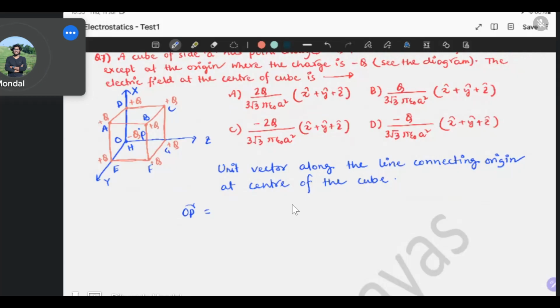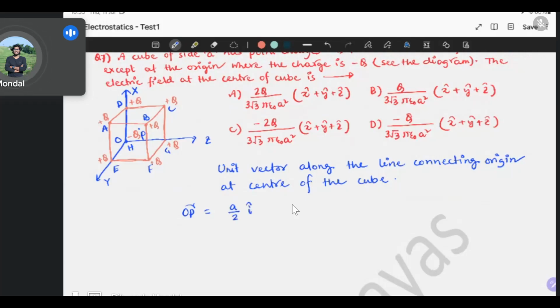What is the center of the cube's dimension? This is in the middle of the cube. What is the distance between these two points? This vector will be a by 2 i cap.